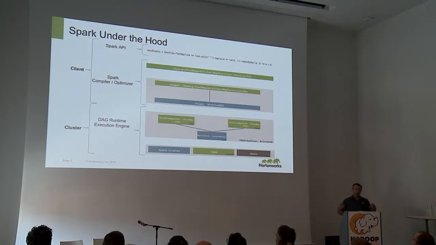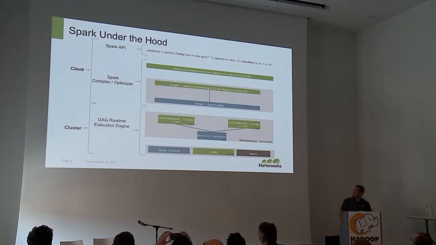Getting a little deeper, this is probably the most important slide of the entire presentation, because it shows you the internal architecture of Spark. If you start digging into Spark, you will quickly realize that there are 3 main architectural abstractions. The first one is the one we just saw, the API itself. Then we have the Spark Compiler Optimizer.